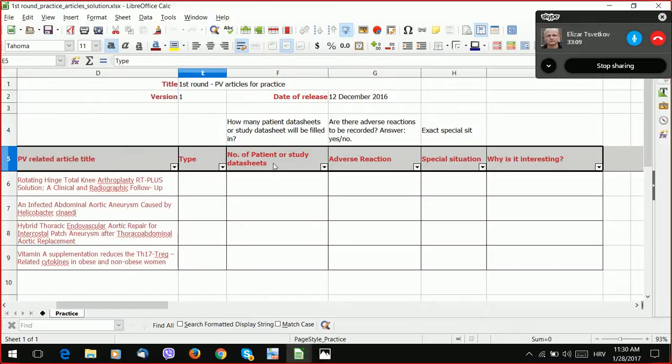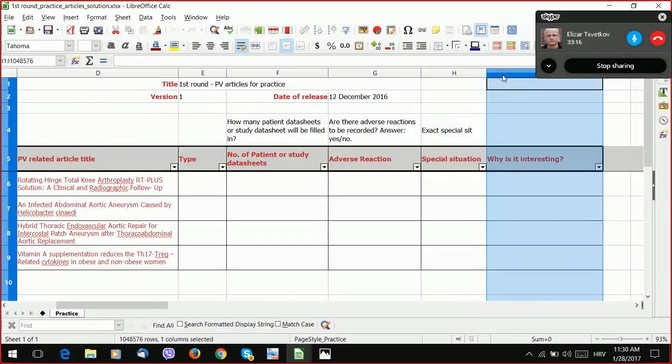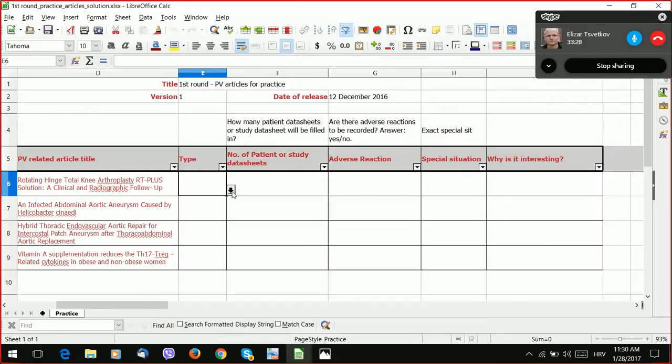Type, number of patient or study data sheets, adverse reactions, and special situations. The "Why is it interesting" column is not necessary to fill in, so you really don't need to write anything there. When it comes to type, this is PV type. So an article can either be a case, a study, case and a study, or not PV.